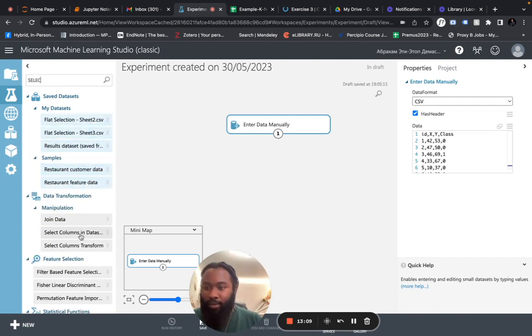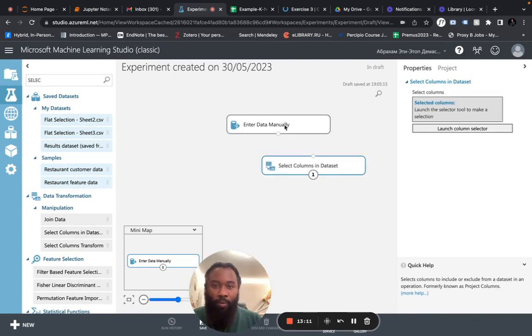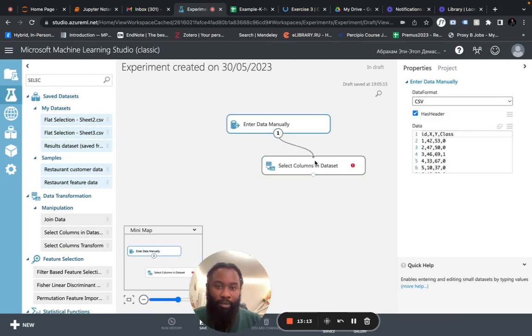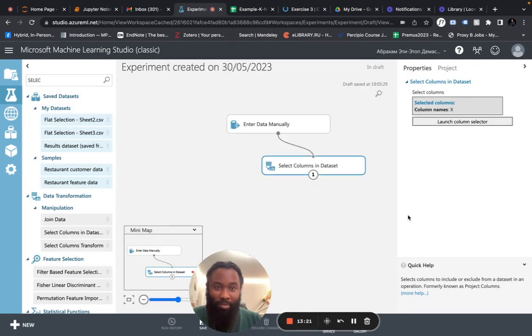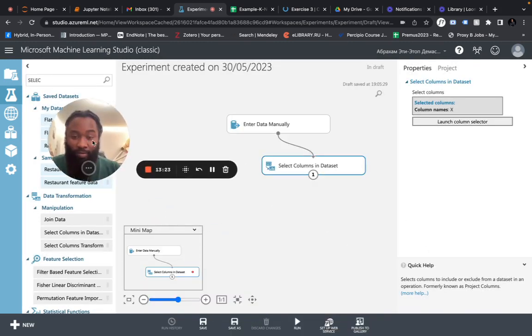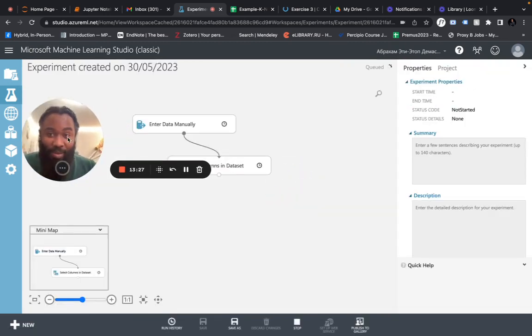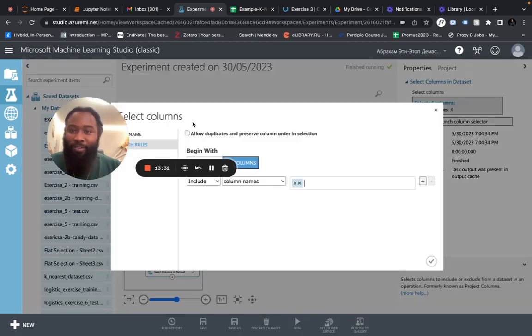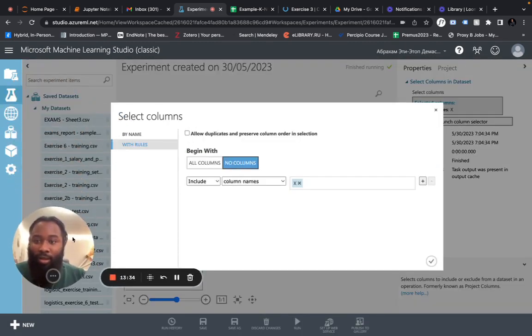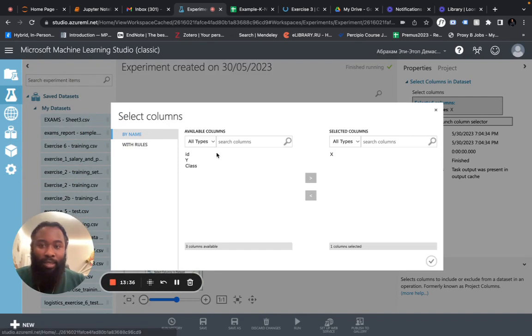Let us select our data sets from this information. So we get to the select columns. We connect the manual data to our columns, and we launch a column selector. I like to use the names filter, so I'm going to run this first so it can populate it for me. And let's go back and reselect from the names. So ID, X, Y, class.